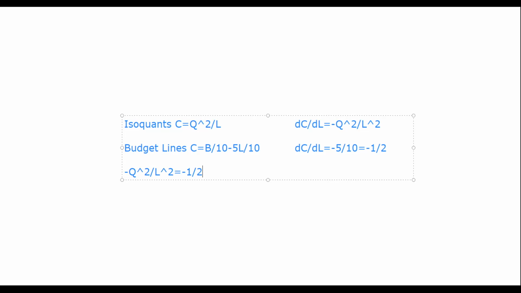Now, the only trick that remains is that for the expansion path, I want that equation in the form of L and C, the labor and capital axes. So how do I convert?